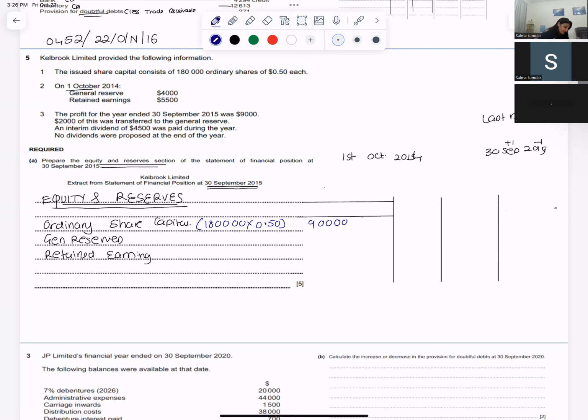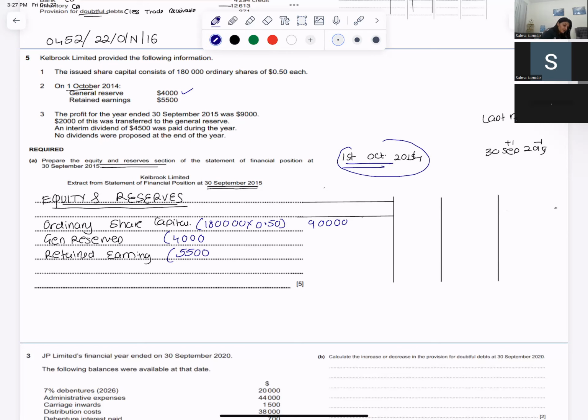Now on the first date, I have general reserves of 4,000. I know that my first date is 1st of October 2014. On the first date, I have retained earnings of 5,500. Are you with me? Yes.